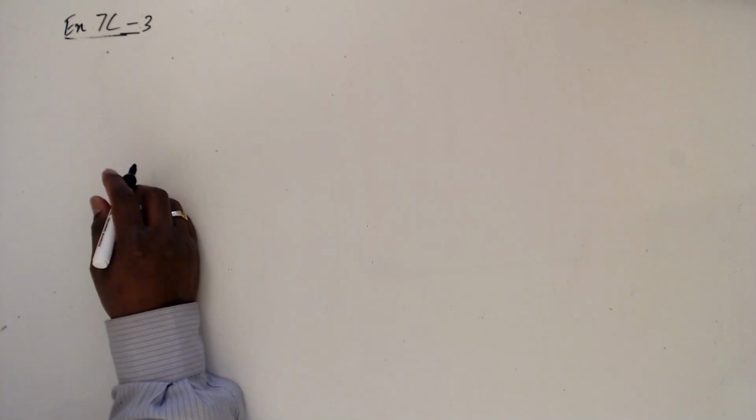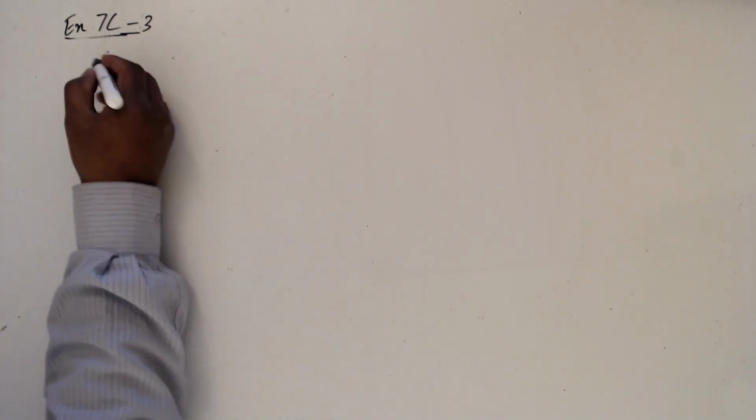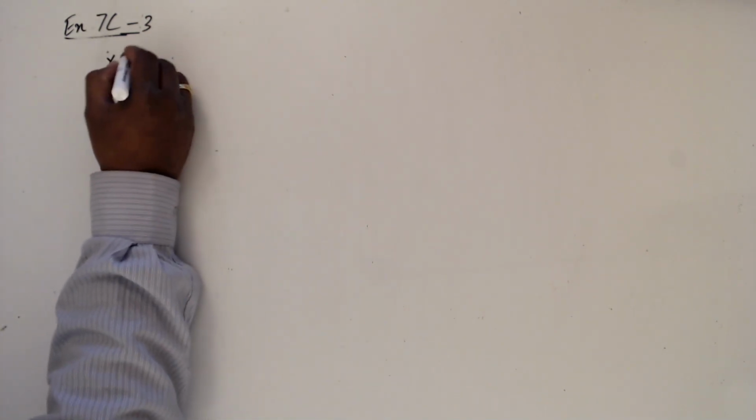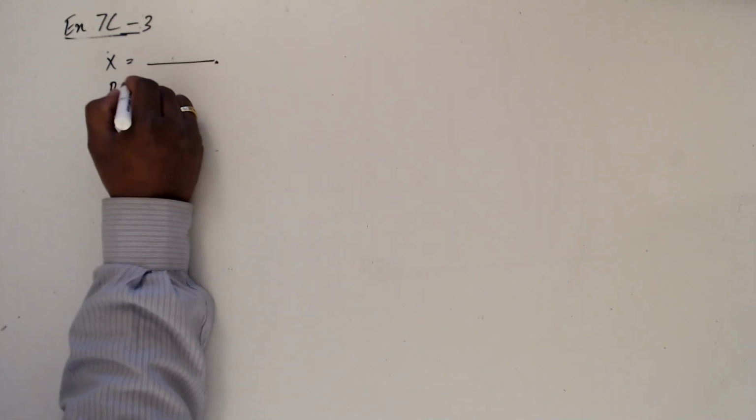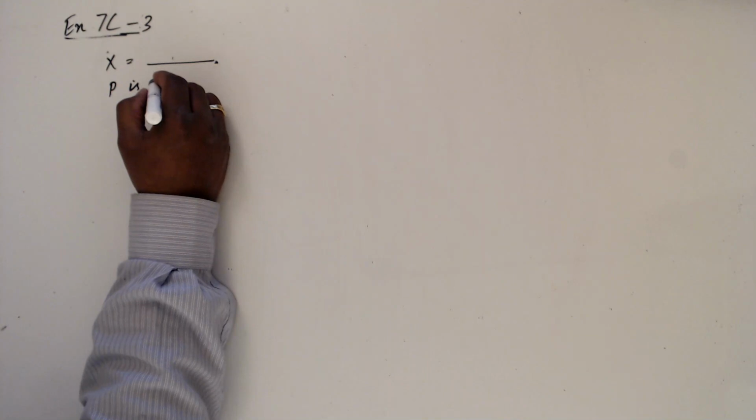Question number 3, it is still the same. So we leave the definition of X, and P is the probability of success.